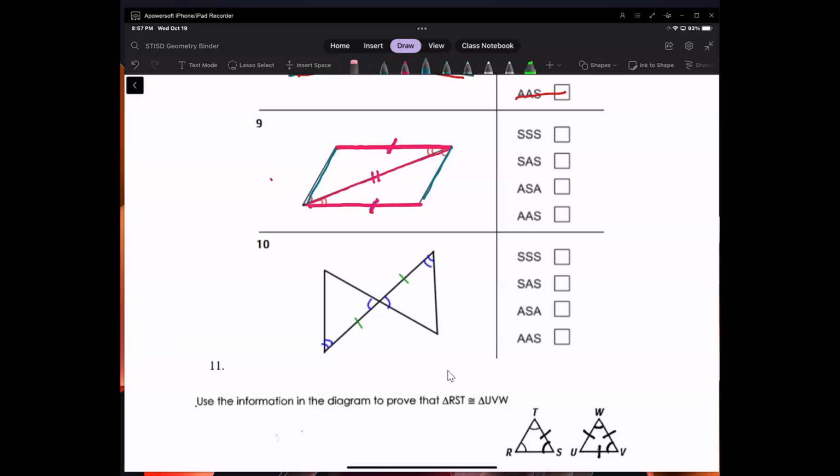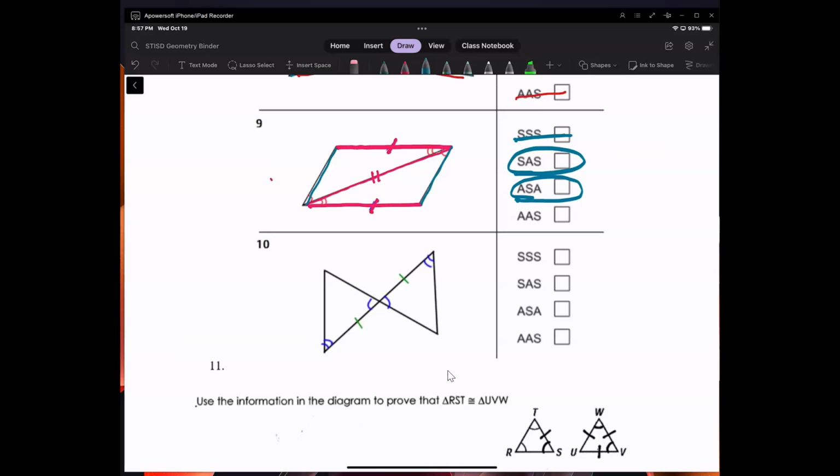And that would have helped us by using the side, side, side postulate, but we don't have that third side. So side, side, side is not going to be used. Now we do have two angles. We have two pairs of included angles, so we can use angle, side, angle. And we can also use side, angle, side.